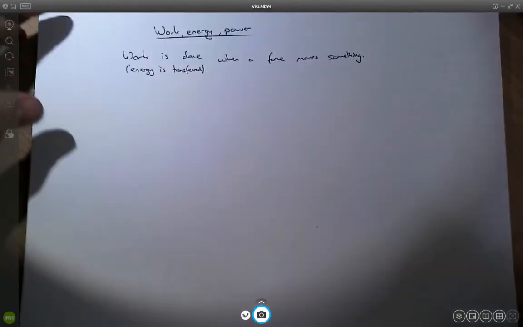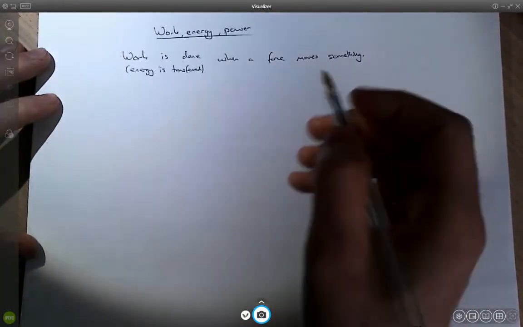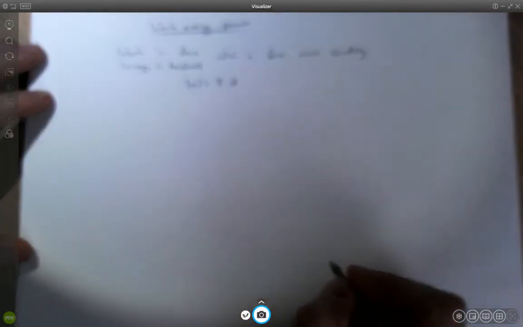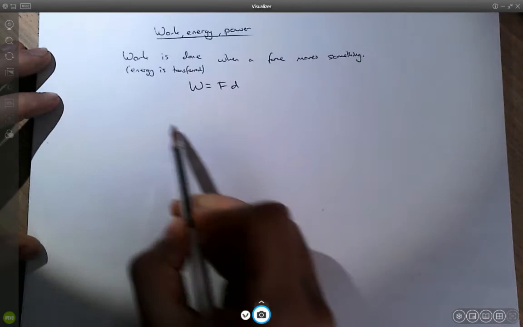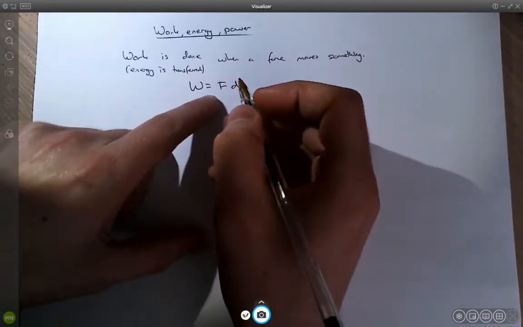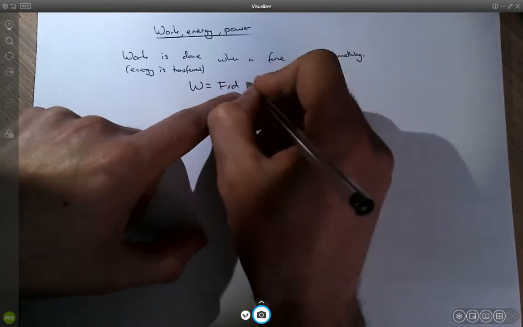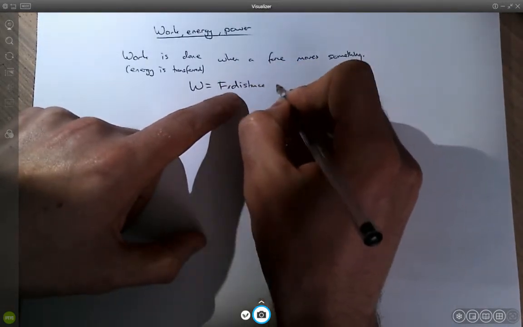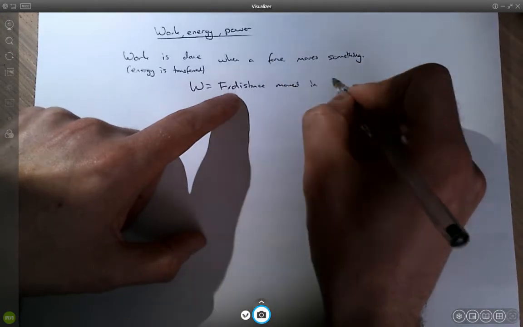When work is done or energy is transferred when a force moves something, it nicely relates work and force. So in mathematical terms, work done is force times distance, but we have to be a bit more specific than just saying this at A level. We have to say work done is force times distance moved in the direction of the force.